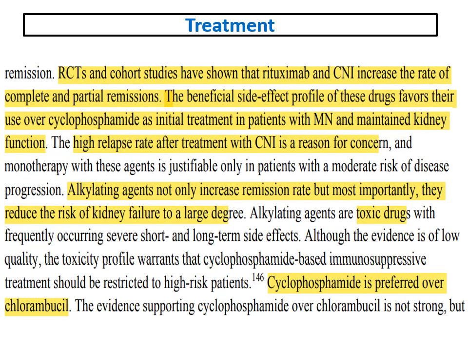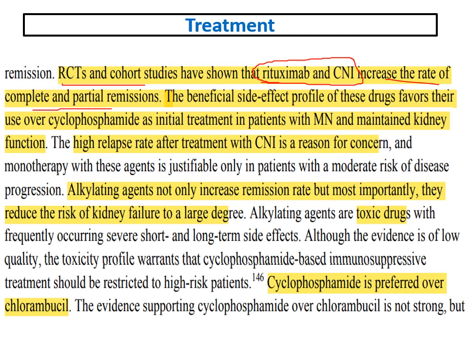A very important note that we should know about the available treatment options for membranous: randomized controlled trials and cohort studies have shown that rituximab and CNI are efficient, increasing the rate of complete and partial remission.